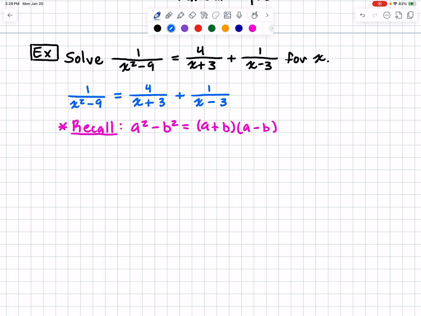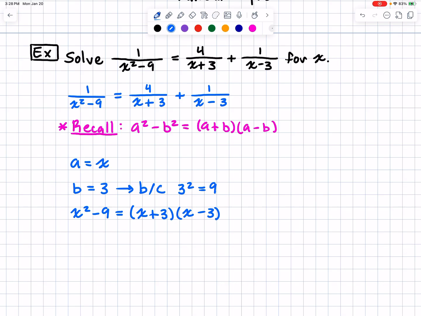Our a is x and our b is 3, because 3 squared equals 9. So what does that mean for us? That means that x squared minus 9 equals x plus 3 times x minus 3.